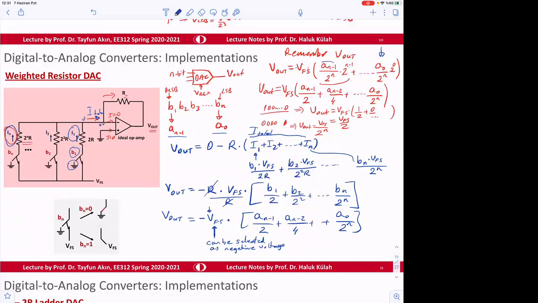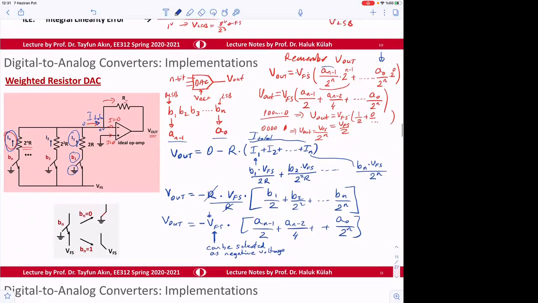We will be seeing maybe some other versions of this, how we can do that. So the mistakes that we were talking about are maybe related with these resistances. Let's say one of them, R, is selected as 1 kilo ohm.